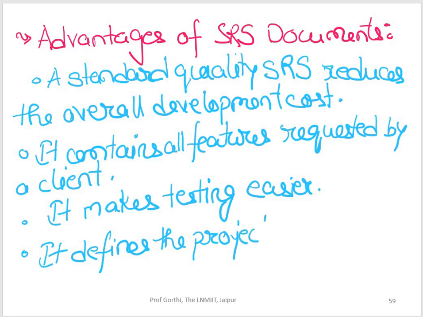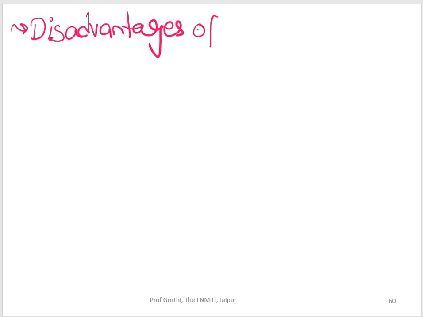The reason being, from the SRS document only I get to know the basic purpose of my application, and hence in the testing phase I can focus on the functional and non-functional attributes. I know about inputs and outputs, the quality aspects. So for any kind of testing, whether it is black box or white box, it becomes very handy if I have a quality SRS.